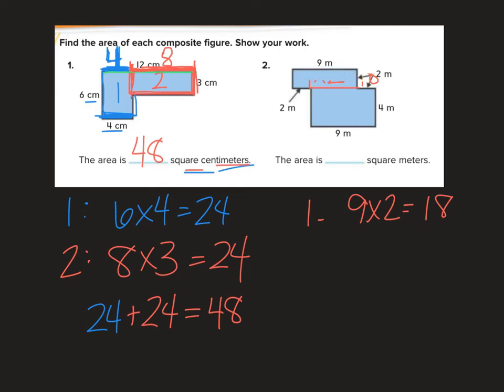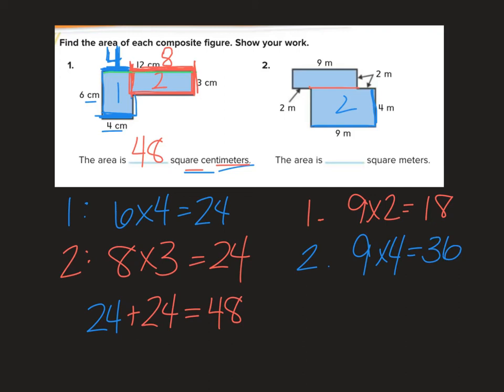So I'm going to erase this so it doesn't get in the way. Okay. So we know our, oh, no, it's not going to get trickier. So we know our base is 9 and our side is 4. So for rectangle 2, all I have to do is 9 times 4. So 9 times 4 is 36.